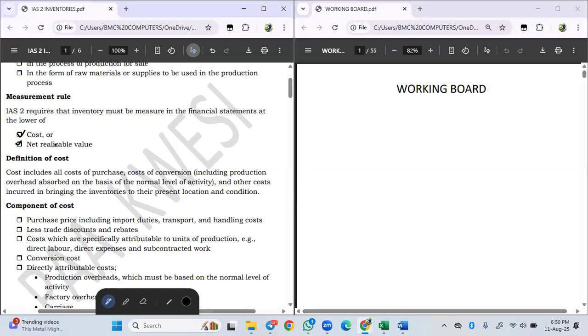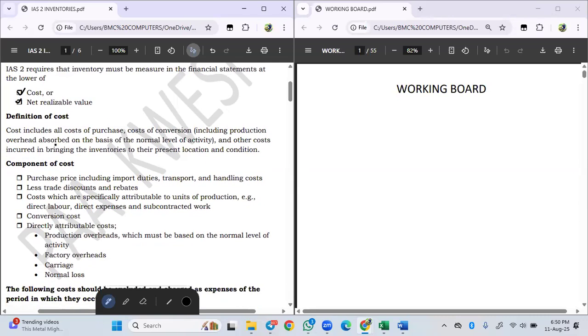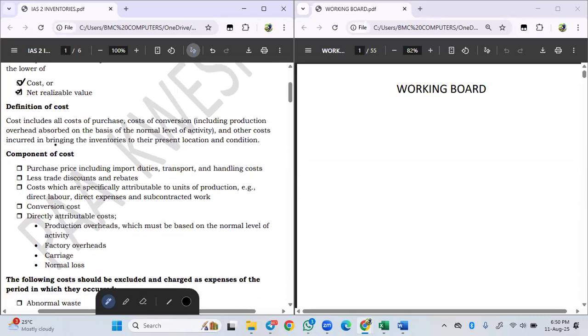So the definition of cost: the cost includes all the costs of purchase, and costs of conversion. Conversion is when you are involved in production, right from the raw materials to the finished goods, because sometimes you cannot sell the raw materials; you have to convert the raw materials to finished goods before you sell to your final consumers.